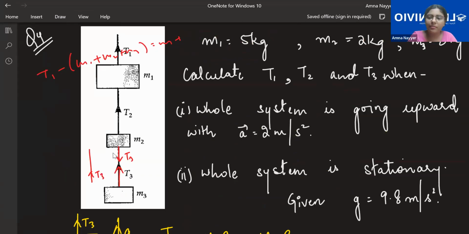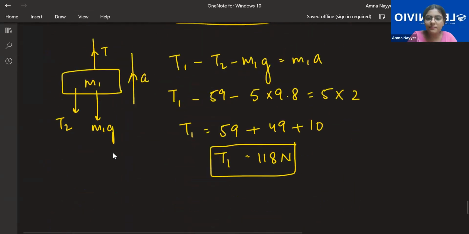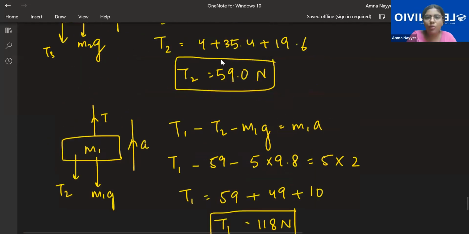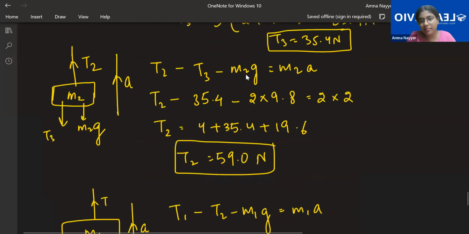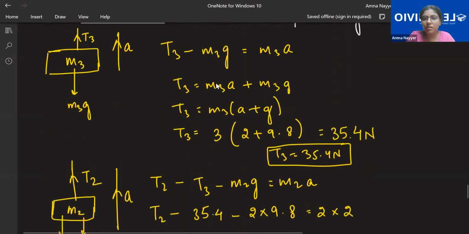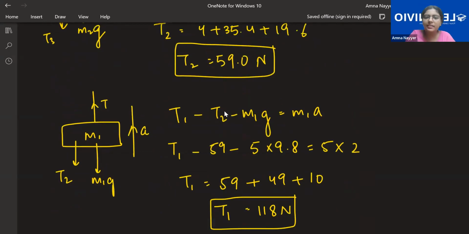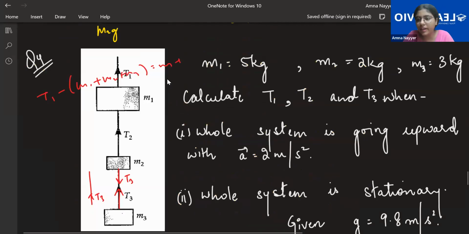So basically, it's the same thing. If I expand this equation, T2 was what? T2 was T3 minus M2G. T3 was what? M3G, right? This part, M3 into A plus G. If I keep on writing the variables in this rather than T2, which is just confined, I'll just get the same bigger equation. So that is what you will find.